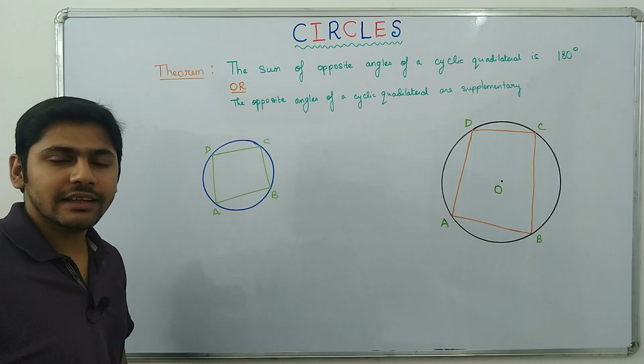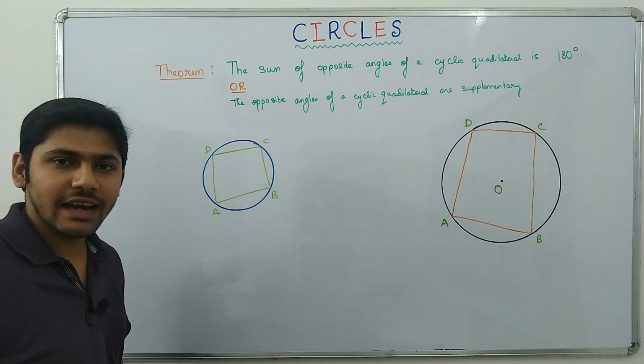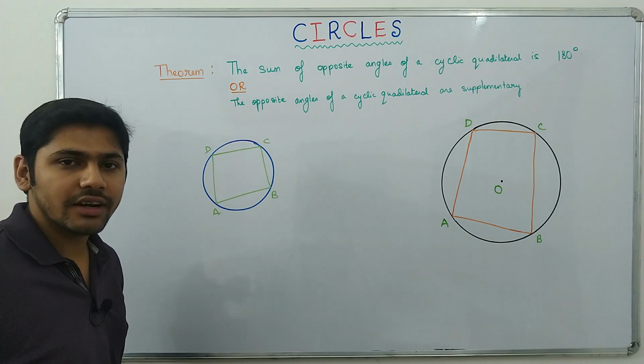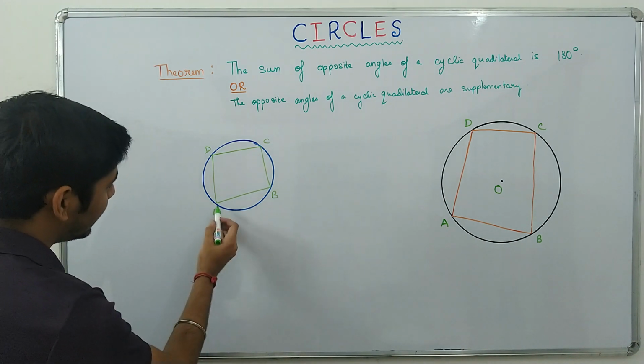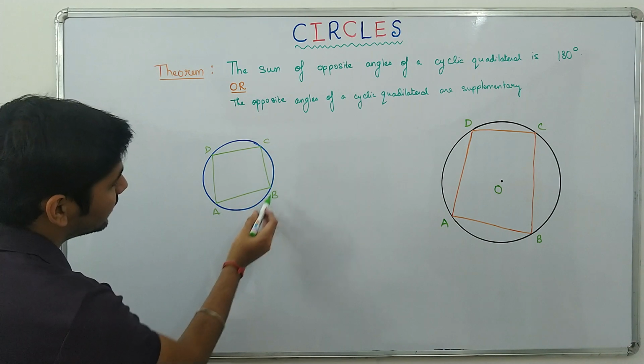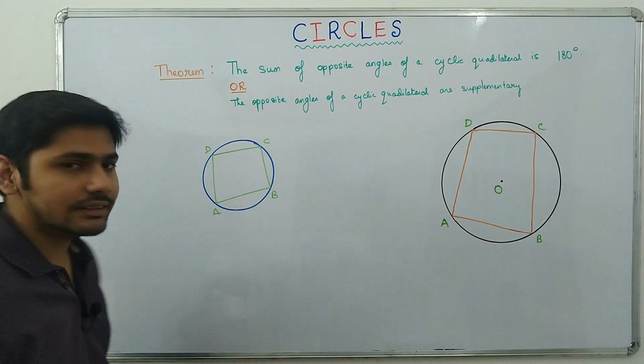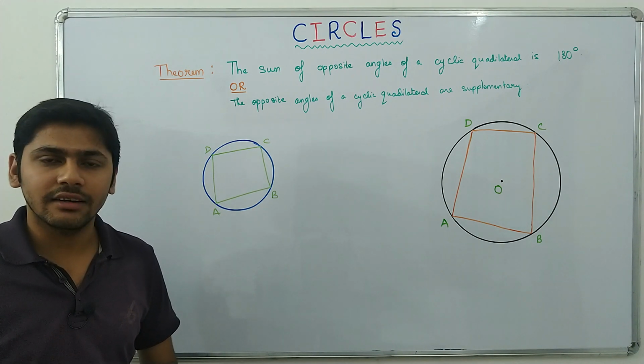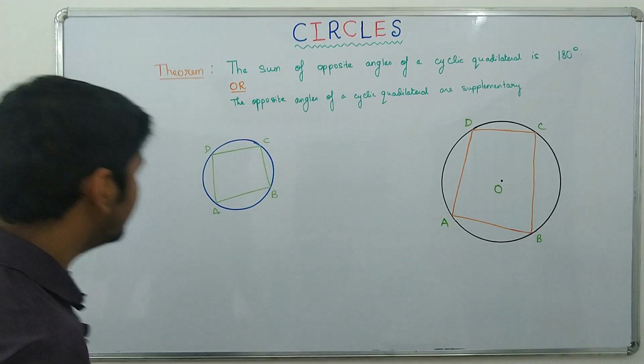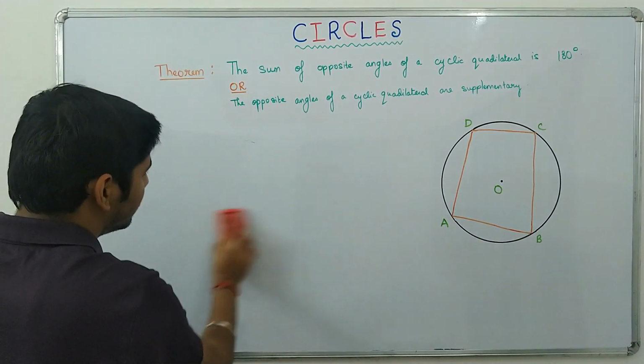We can also say that the vertices of a cyclic quadrilateral lie on the circumference of the circle: A over here, B over here, C over here and D over here. So this is basically a cyclic quadrilateral. It's very simple. Now let's begin with the first theorem.